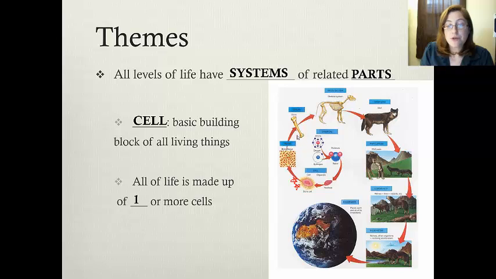For example, you have lots of different body tissues that come together to form an organ, and lots of organs that form organ systems, and all of those organ systems create a single organism.